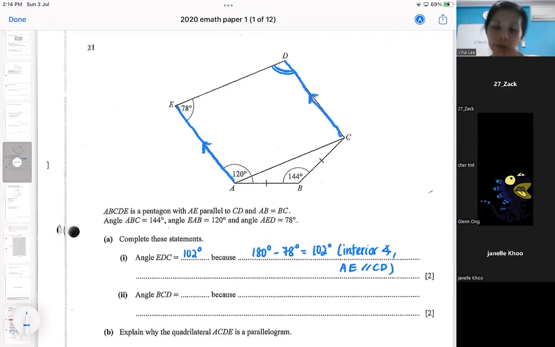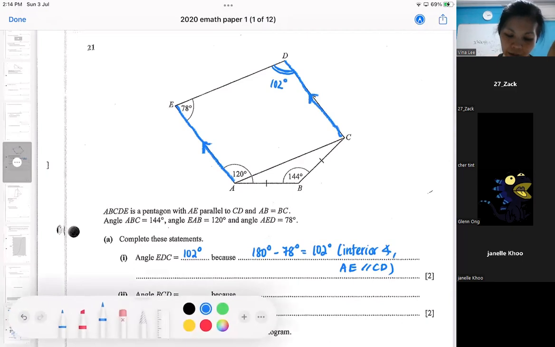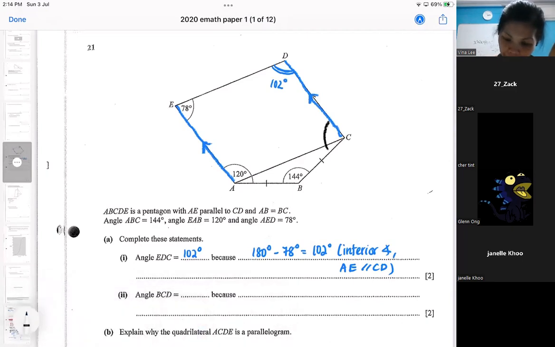The next one, BCD. If I don't see you quoting pentagon or polygon, that means you are on the wrong track. Most people never realize that this angle here can be found by using the interior angle of a pentagon.